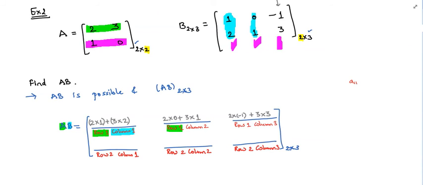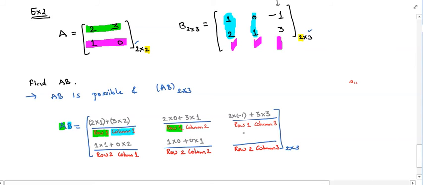Let's write it. It will be 1 multiply 1, 0 multiply 2. Similarly, second row and second column, 1 multiply 0, 0 multiply 1. And the last one, 1 multiply minus 1, 0 multiply 3.